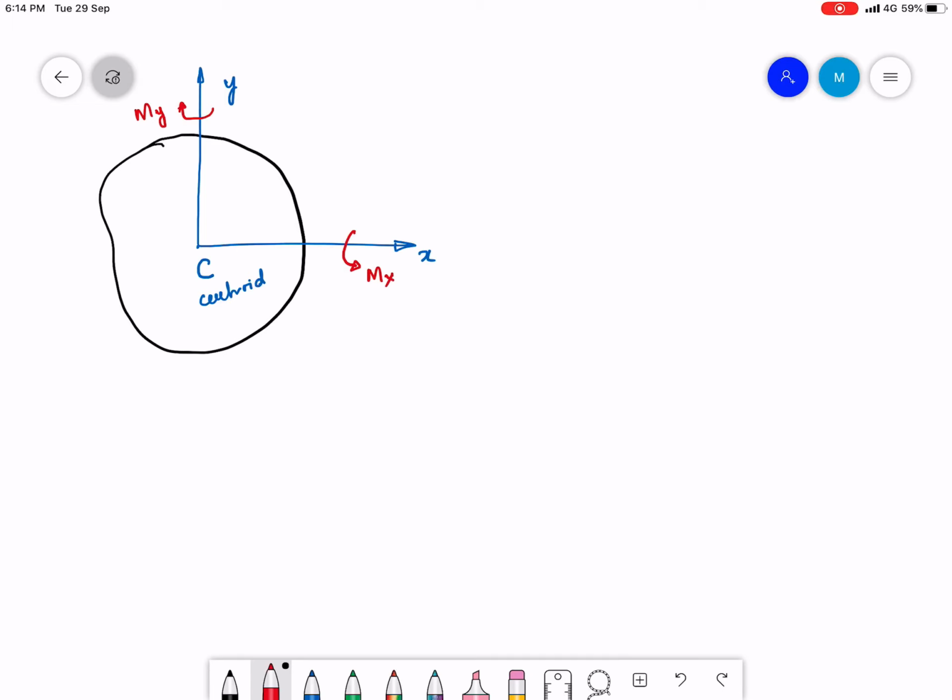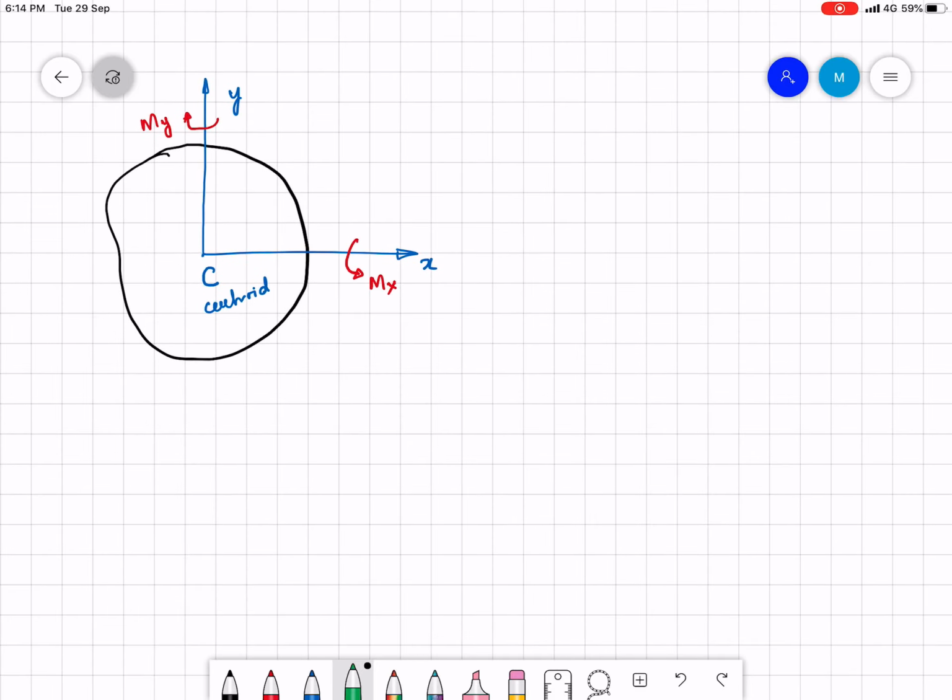So let me just draw an arbitrary, possible neutral axis, and we will not make it pass through the centroid.